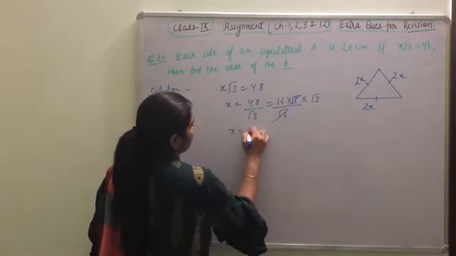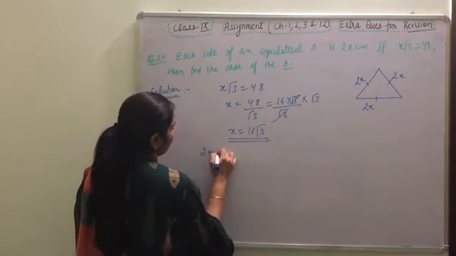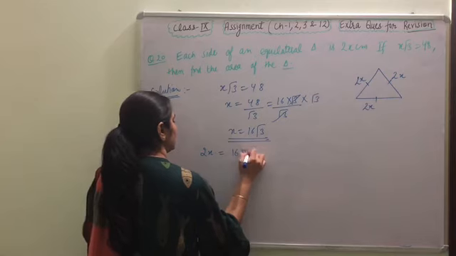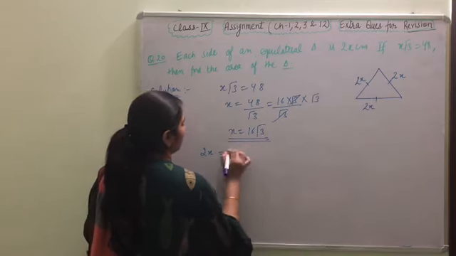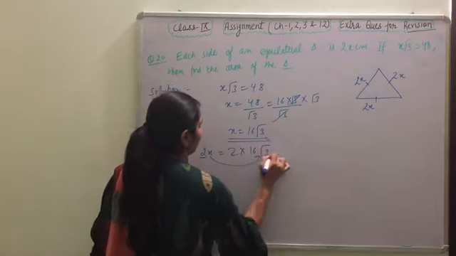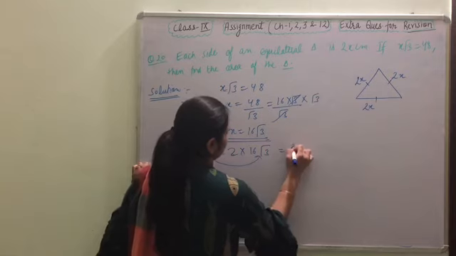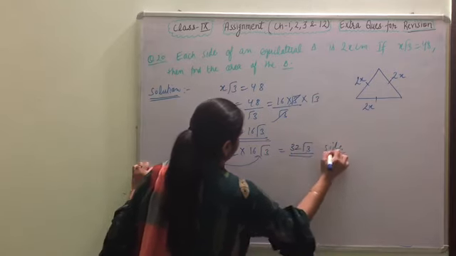So x is equal to 16 root 3. Equal sides are 2x. So 2 into 16 root 3, 2 into value of x. 16 2s are 32 root 3. This is the side of equilateral triangle.